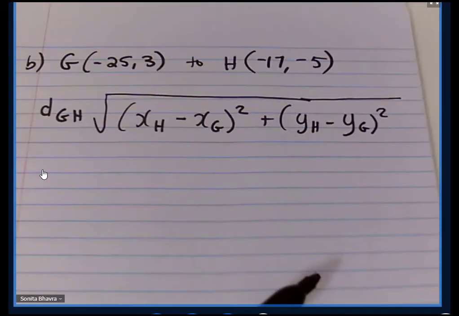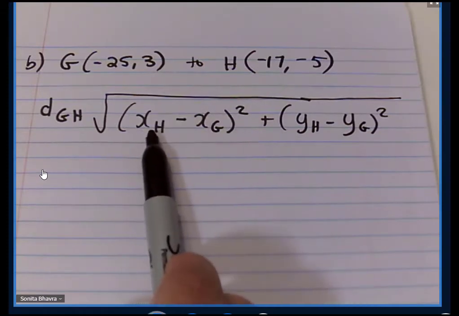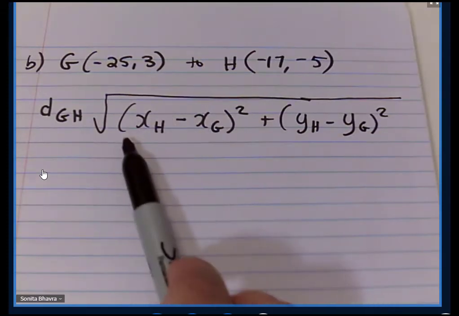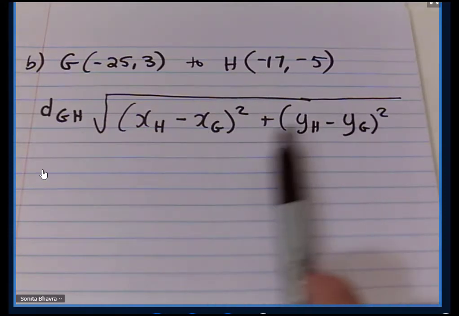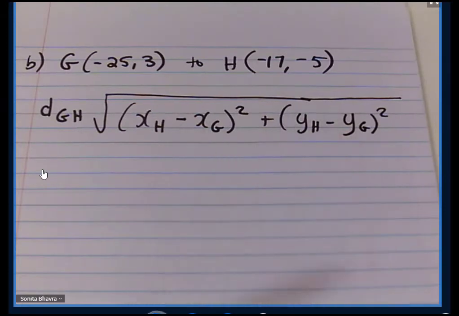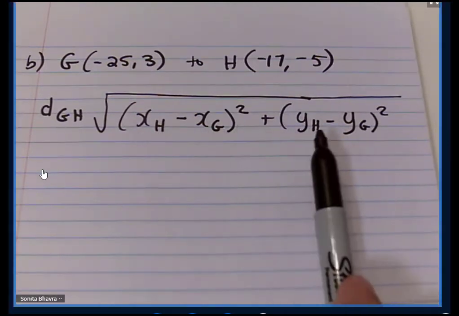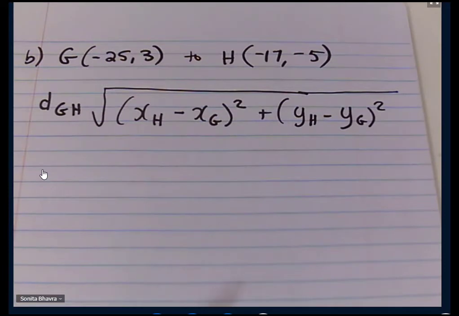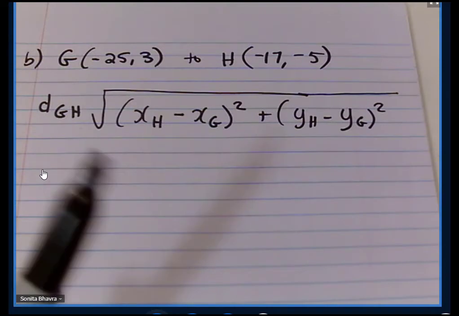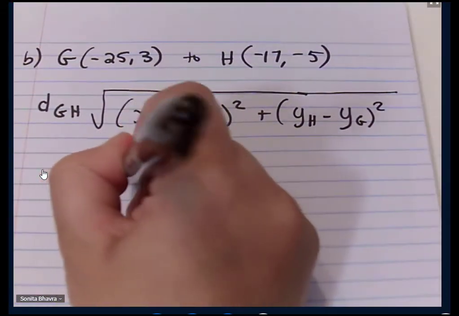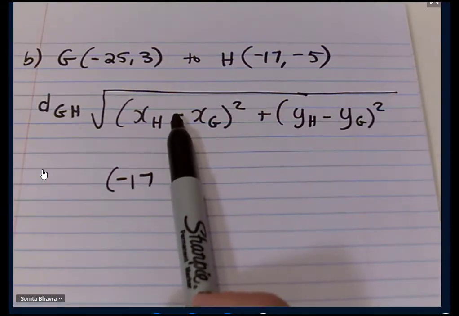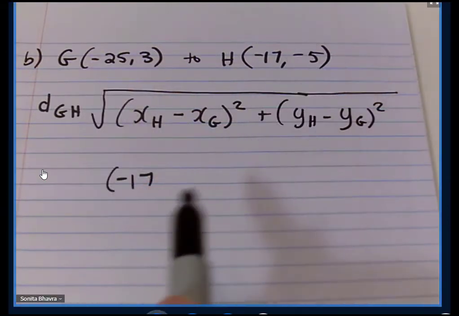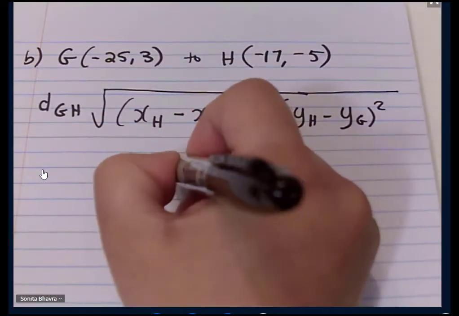All right, so again, notice that if I'm using H to G, I've used x of H, x of G, and then same thing here, it's y of H and y of G, so don't mix up the second ones. If you've used H to G, then use H to G here. So x of H is negative 17, minus negative 25.